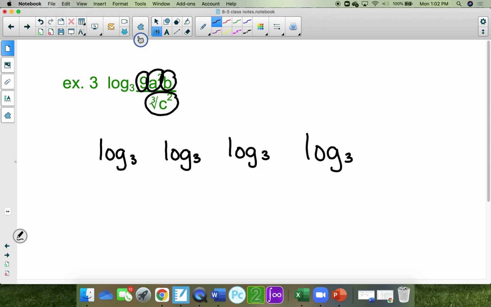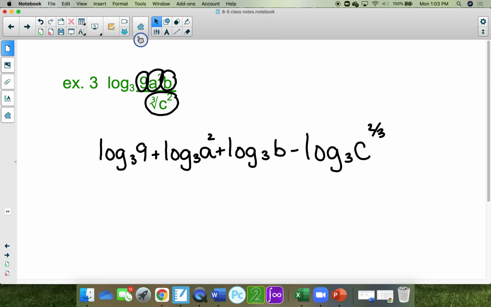First part of the assignment is expanded out. 1 for the 9, and times A squared times B, you put a plus sign, with an A to the second, with a B, and they're all addition because it's all times, but divided by, the C is in the denominator, and it's C raised to the 2/3 power. I'm going to erase the 2/3 and put it out in front.